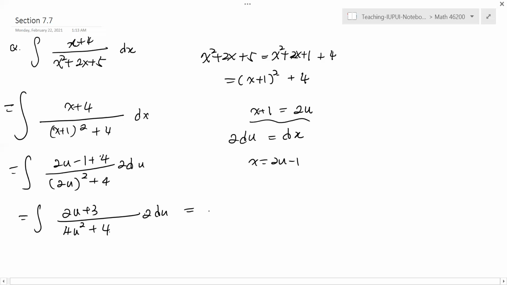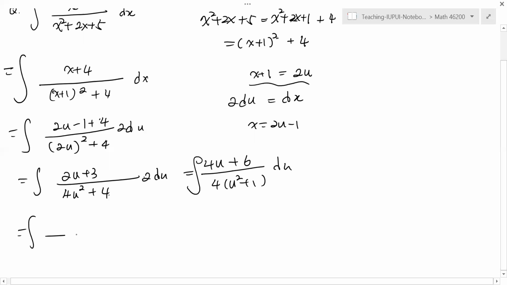You can take a 4 out, so this is the integral of (4u plus 6) over 4(u squared plus 1) du, right? Then you separate: u over (u squared plus 1) du, and here 6 over 4, that would be 3 over 2.